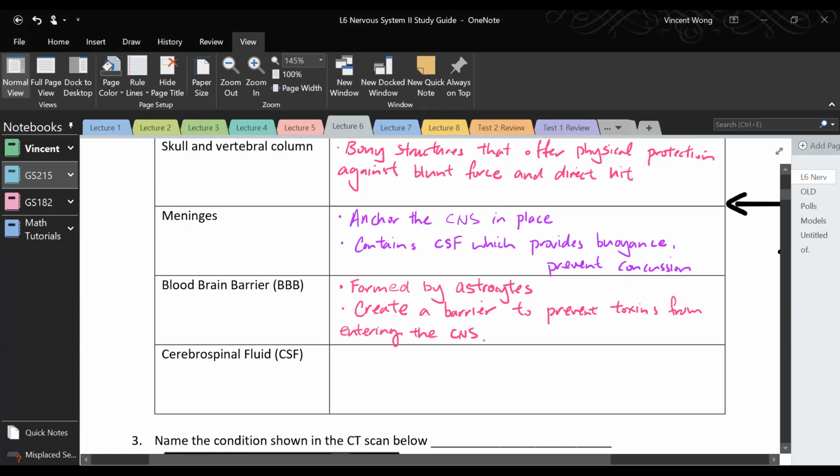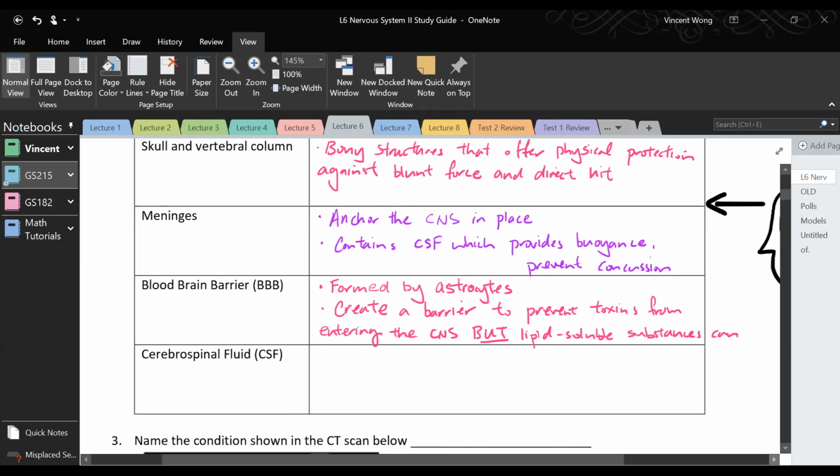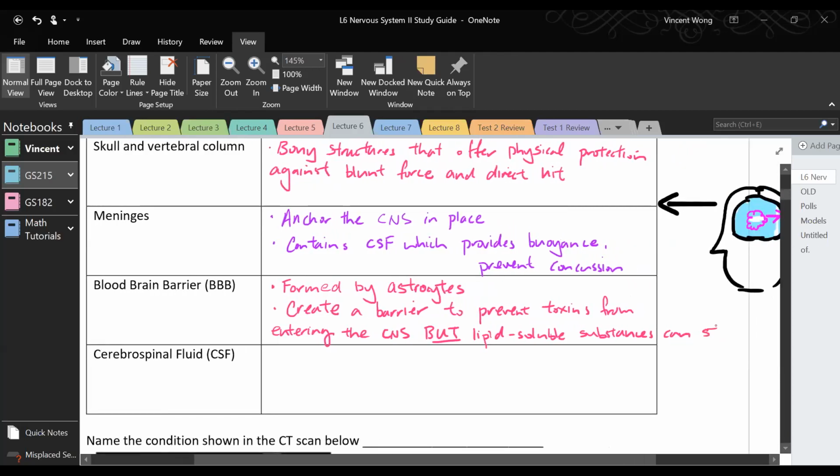But it is not perfect, right? Lipid soluble substances can still cross.